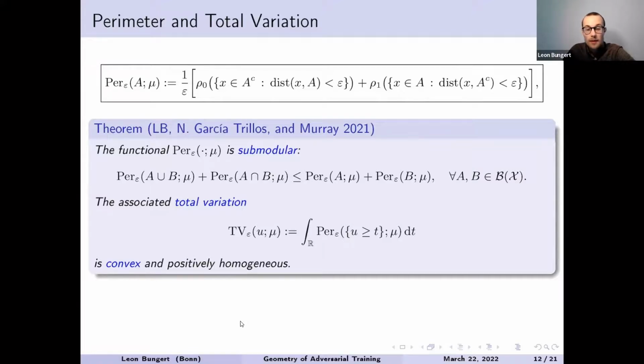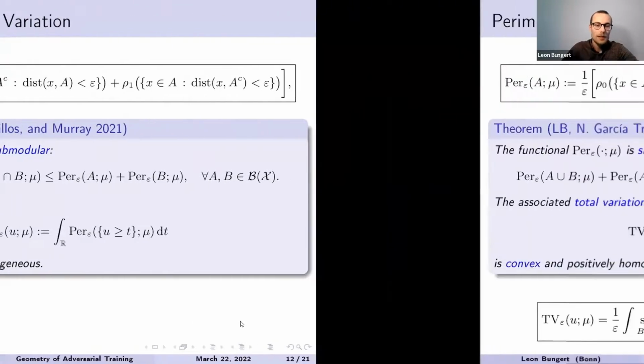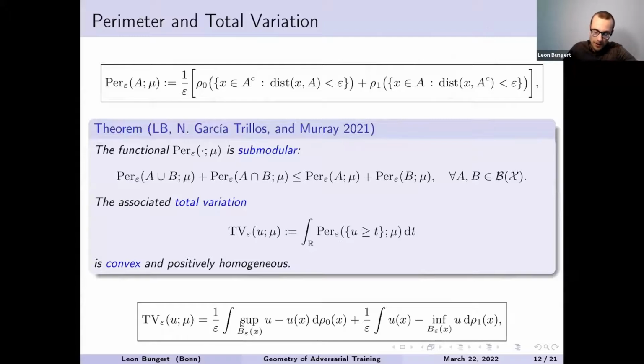And this is a functional, that's for sure. However, it turns out it's a convex functional, and this is thanks to this submodularity issue up here. And in addition, it's positively homogeneous. And so this really looks like a total variation, and indeed it has all the properties that also the standard total variation has.